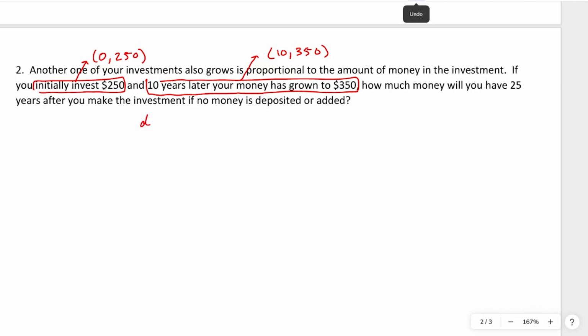So if we start with that exact same equation that we did before, and we go through the exact same separation of variables and integration, we're going to end up with the exact same equation. So you could just see your work on problem number 1 to see where this formula is coming from. But again, it's just that A equals P times e to the rt equation.